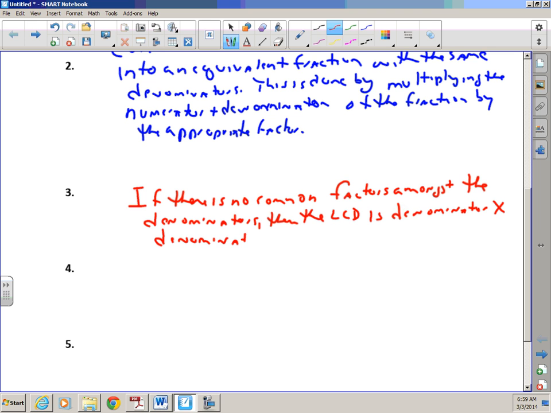So for example, if your denominators were 7 and 9, 7 and 9 don't have a common factor, so your least common denominator would be 7 times 9, which is 63. Okay.